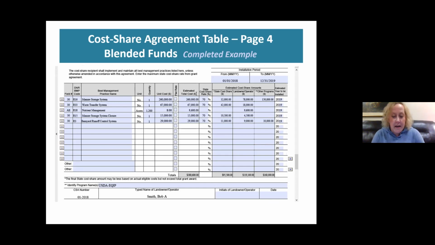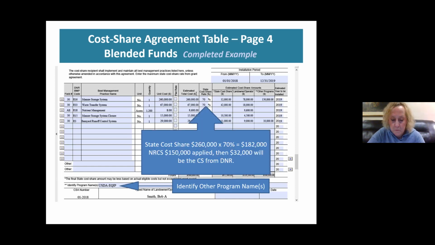So here you can see an example of a cost share agreement where we've got blended funds. Down below, you can see that the various other programs are identified. In this case, it's EQIP. The manure storage costs $260,000, with a cost share rate of 70%.